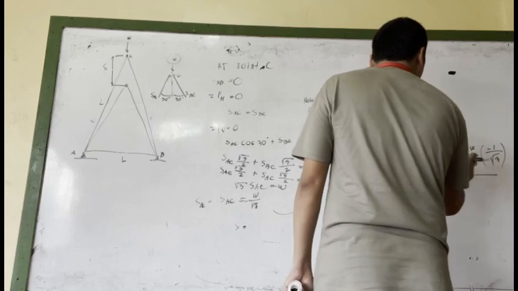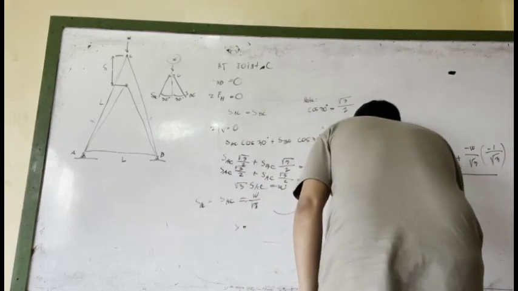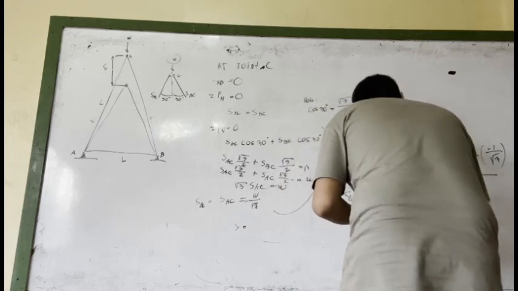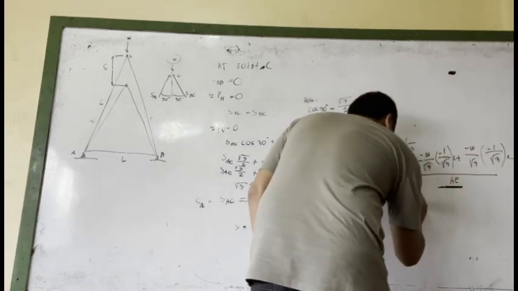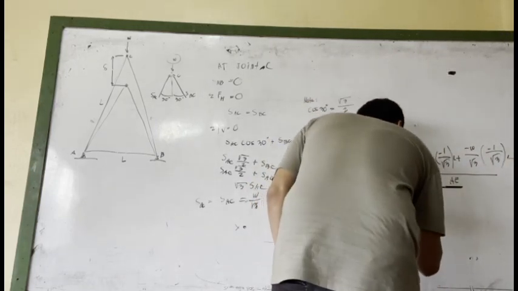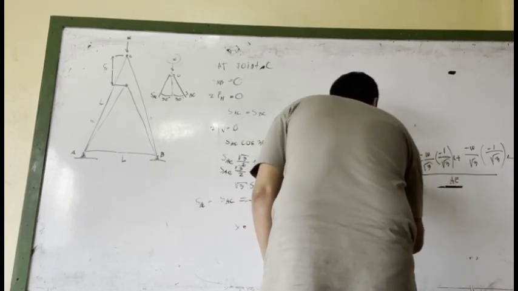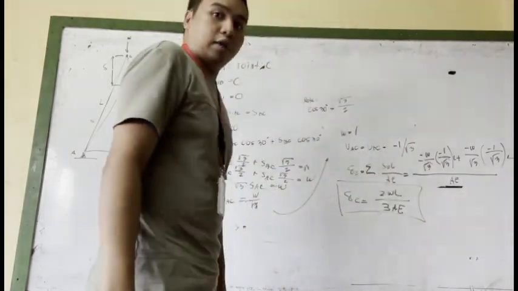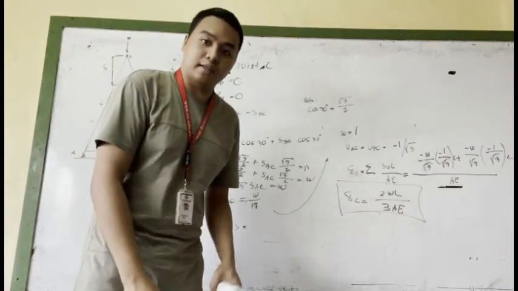We add these two terms, so we get the value 2 times W over 3AE, and that's how we simplify the equation for the elongation at joint C. And that would be all, and thank you.